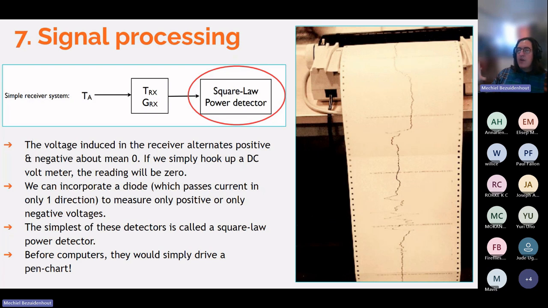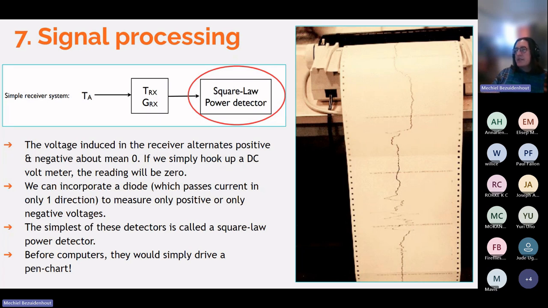If you have only noise in the system, then the voltage induced will alternate between positive and negative values, about a mean of 0. So if you hook up a DC voltmeter, the reading averaged over any length of time will be 0.